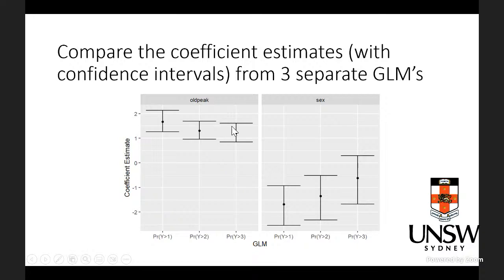Once I've got the confidence intervals on there, I'm pretty satisfied that the slopes are fairly similar. They are a little bit different, but they're enough the same that I'm happy to make this proportional odds assumption.